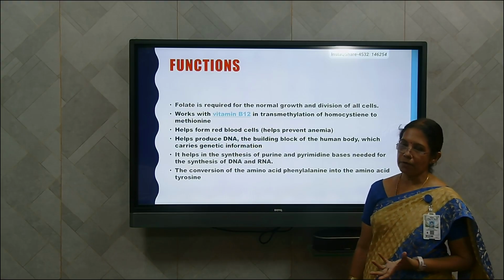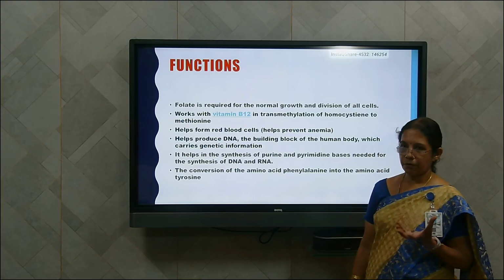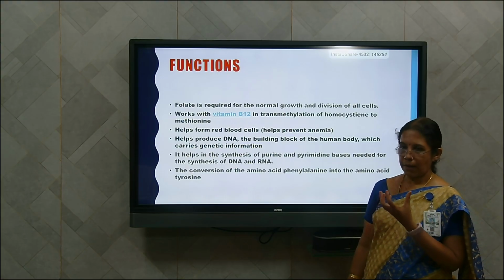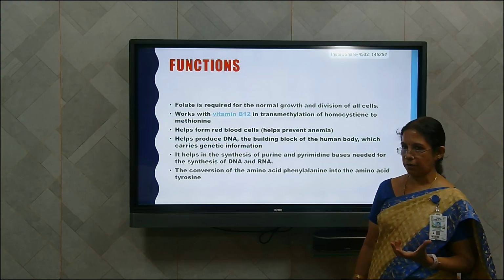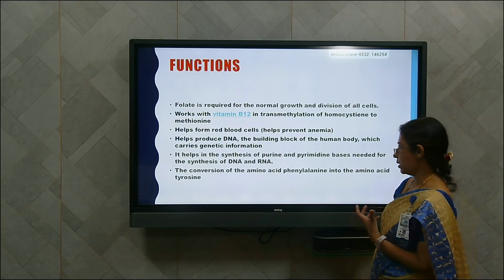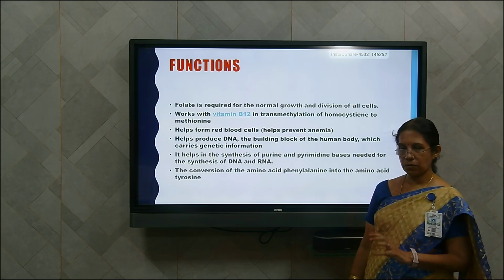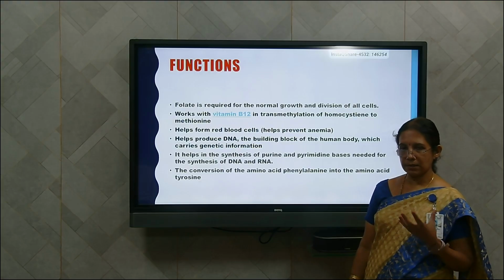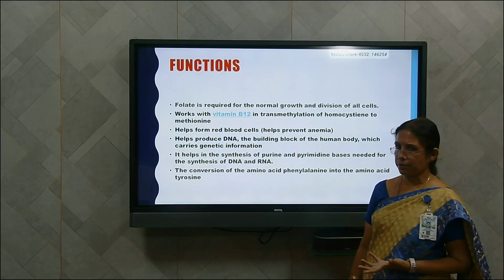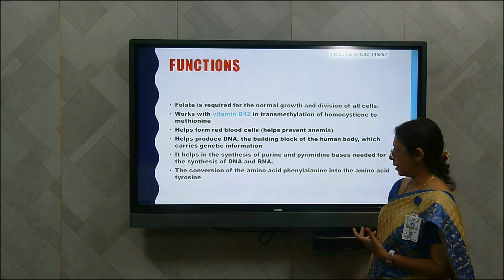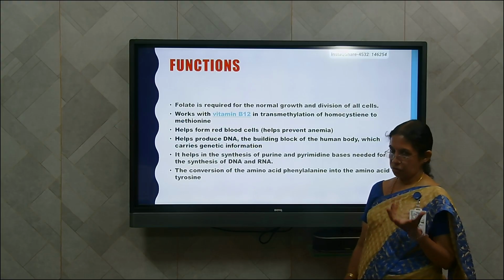During the development of RBCs, folate is very much needed for them to grow and mature. So when there is a deficiency of folate, it will result in macrocytic anemia, and the cells will come as mega sized into the blood, and the cell number is less, and that is why it leads to this type of anemia. So it is mainly needed for the development of RBCs during the maturation stage.